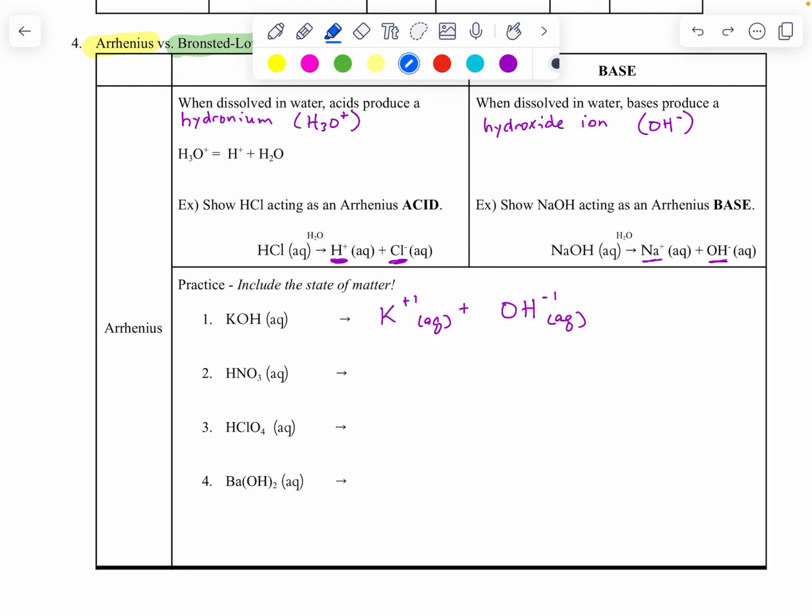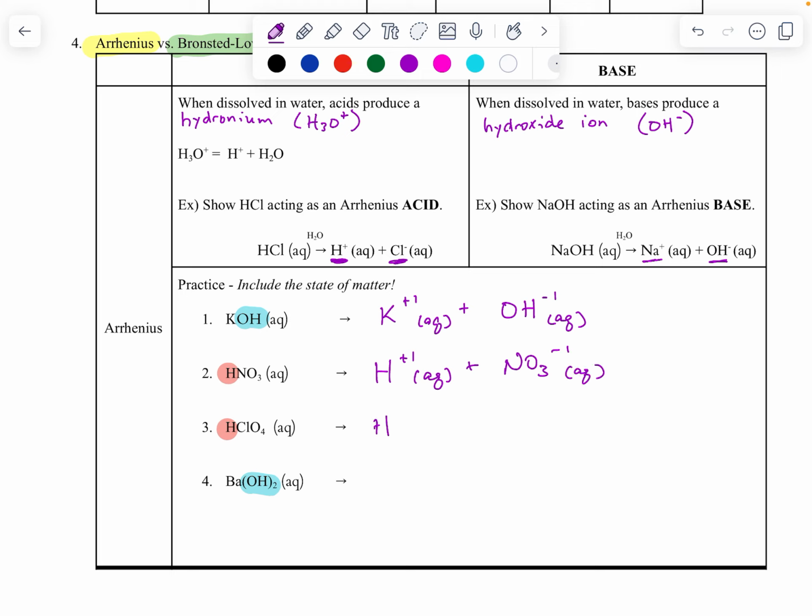Now, if we want, we can say OH, those are our bases. And whenever we have our H in front, that's going to be our Arrhenius acids, or an acid in general, where we're going to develop those hydrogen ions. Hydrogen ions and whatever they're attached to are just going to split up.